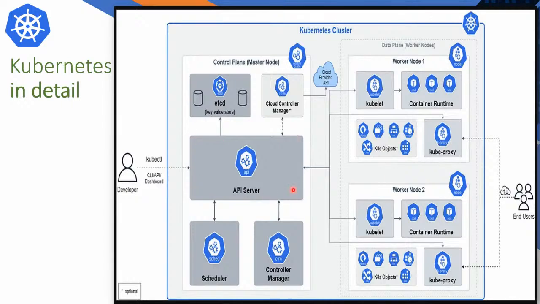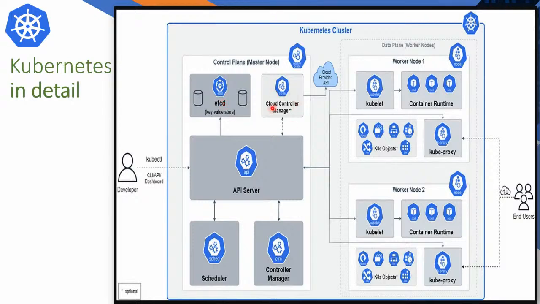Everything will work according to the mandate or directives from the API server. The entire thing will come to the API server, and the API server will work on the instruction. Then it will use etcd. Etcd is the key value store. We will discuss everything.